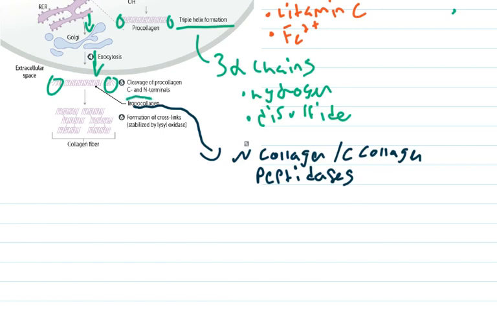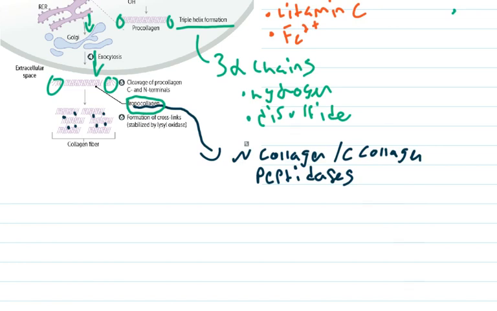And that's called tropocollagen. And now that we've released this tropocollagen, what's going to happen is the tropocollagen is going to stack here on top of other tropocollagens, and we're going to start to create our collagen fiber. But in order to do that, we need to covalently cross-link, covalently attach these tropocollagen fibers together.